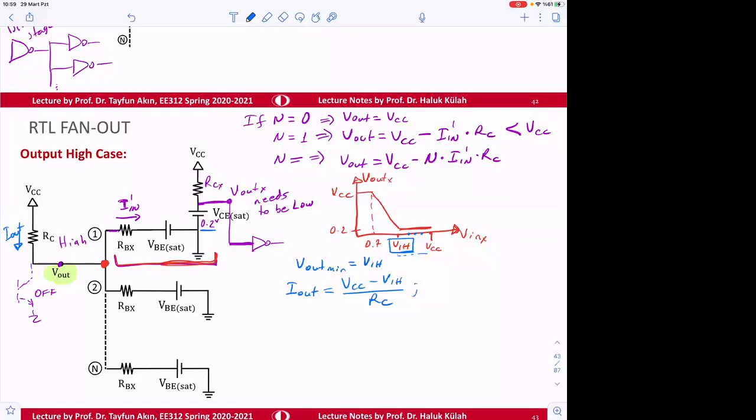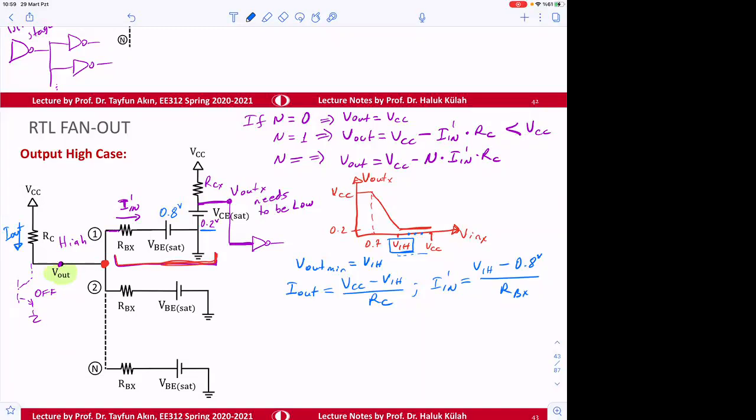What about for this case, I in prime? What is I in prime? V input high minus what? 0.8 volts, divided by R Bx.